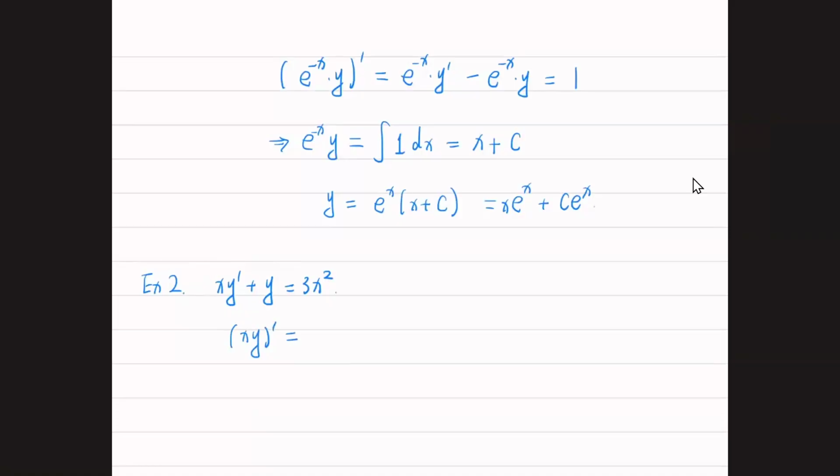Sakina, how do you find this derivative? We apply the product rule. The derivative of x is just 1, and this is what we had over there, so this will be 3x squared. Now the derivative is over there, so we can see x y derivative plus y. That's exactly what we have over there.